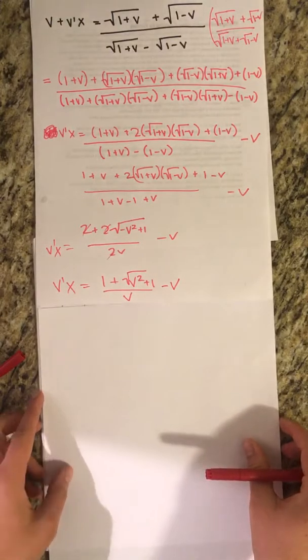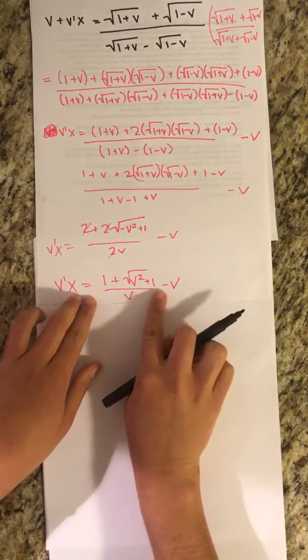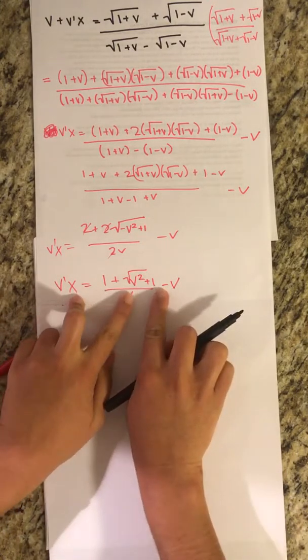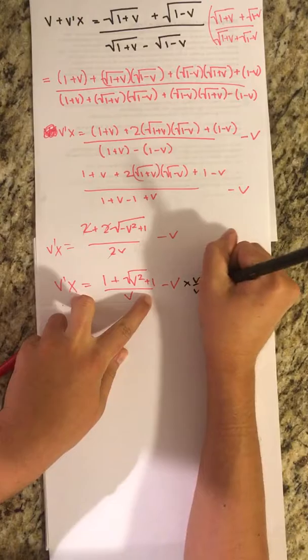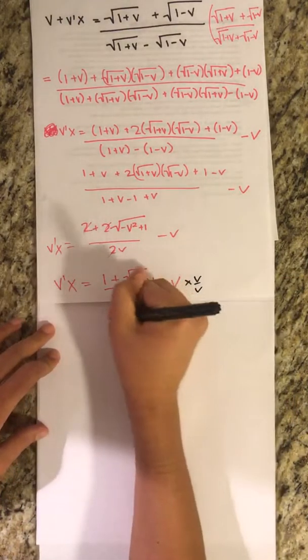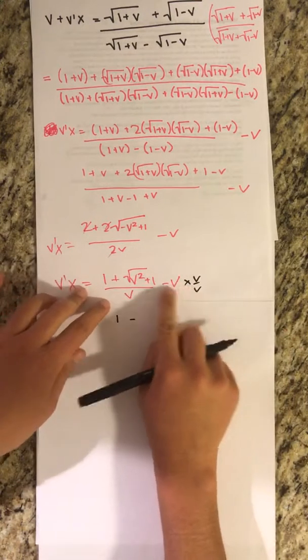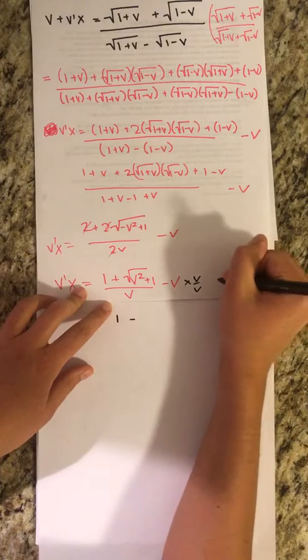So next what I want to do is just find that common denominator. This video is getting very long. What I want to do is find just this common denominator. So I'm going to just multiply this by v over v, which equals 1. So then I have 1 minus v squared. You got that?